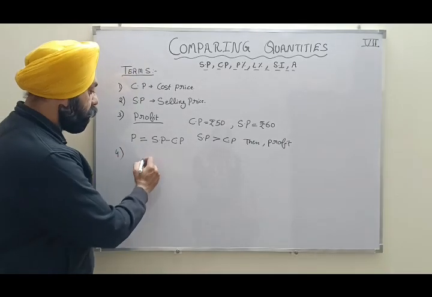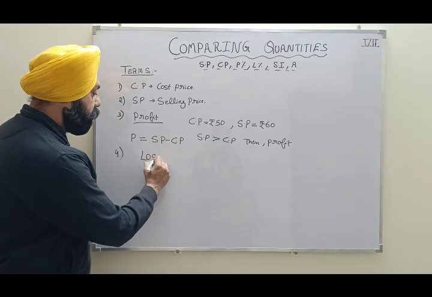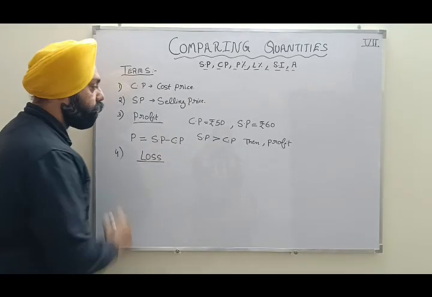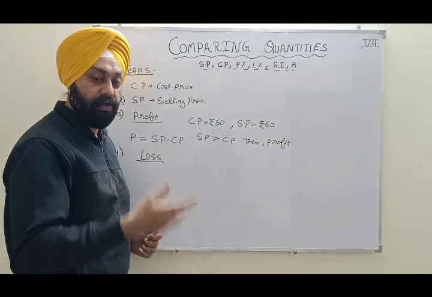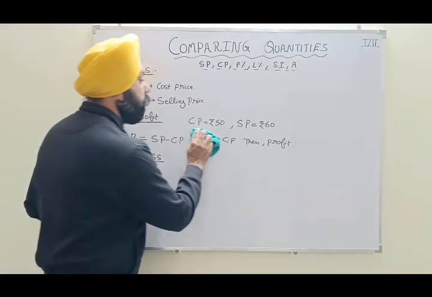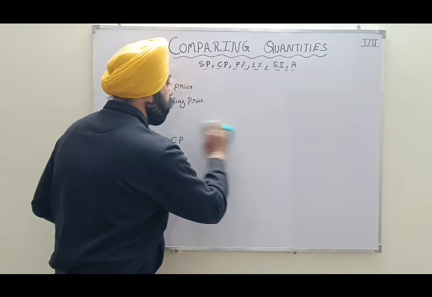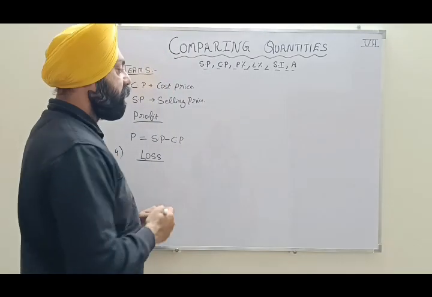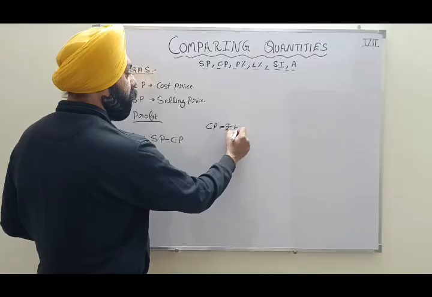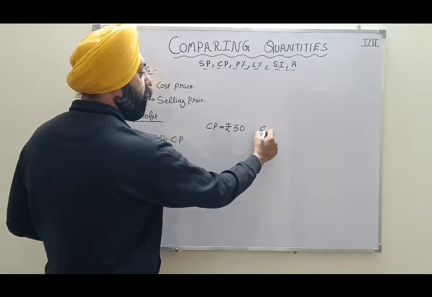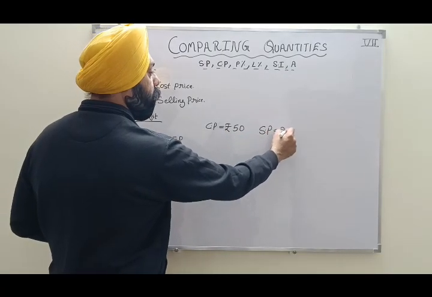Then moving on, so we have next, that is loss. Suppose the situation is just turned around. Suppose I have purchased this pen for rupees 50, but I sold this pen for rupees 40.